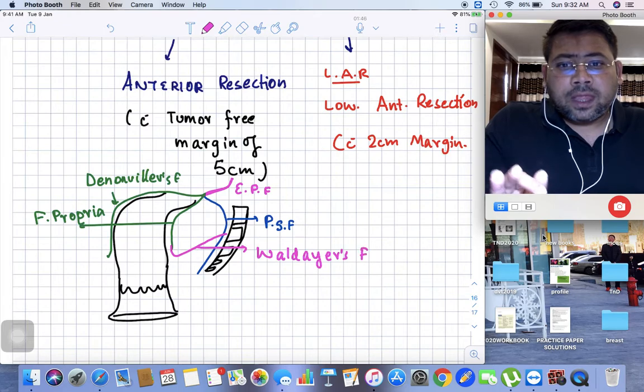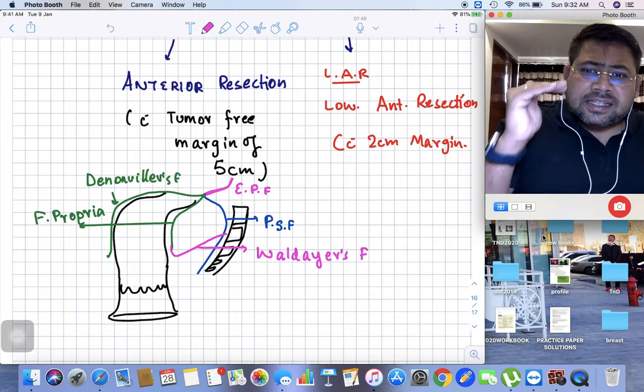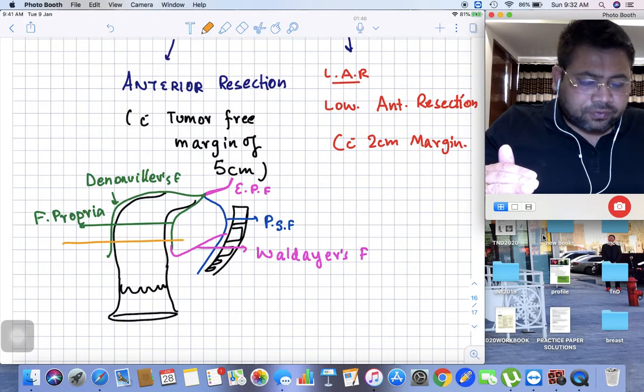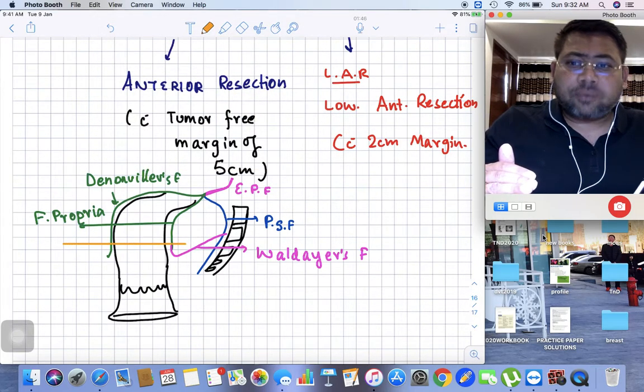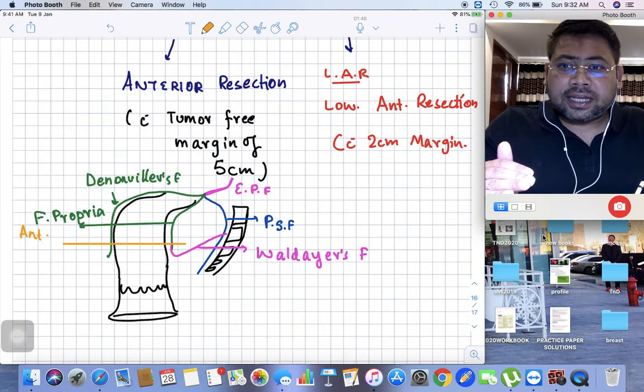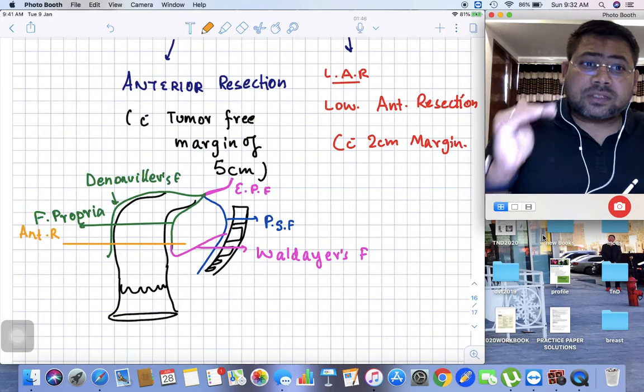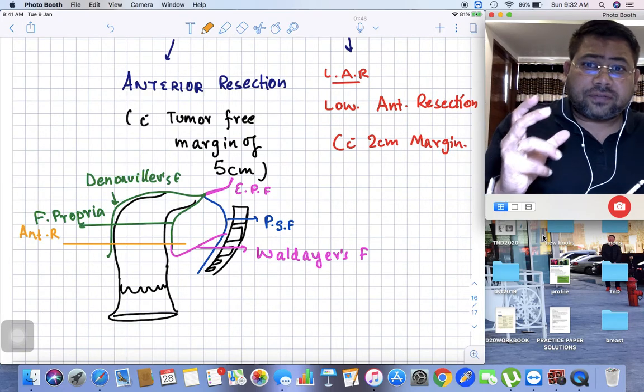Students, any resection above this plane is what is known as anterior resection. This is possible only for proximal tumors, and there we take a margin of 5 centimeters.